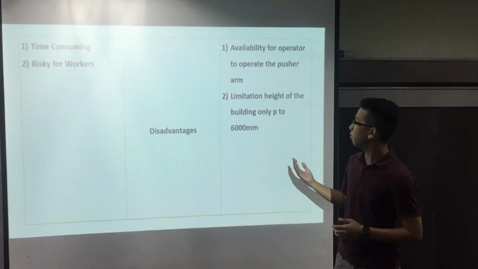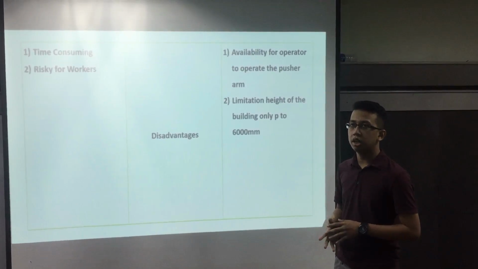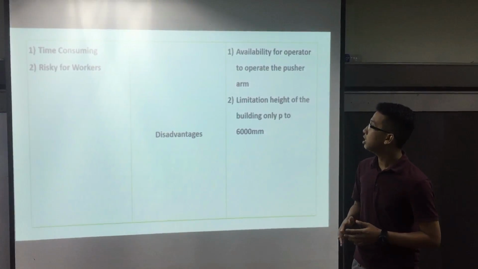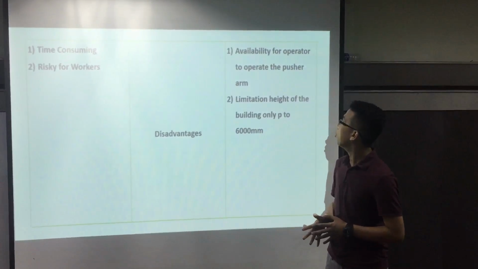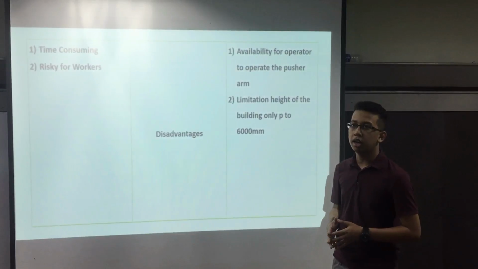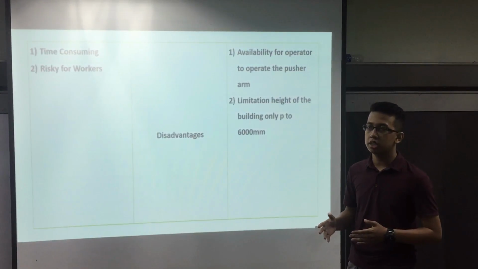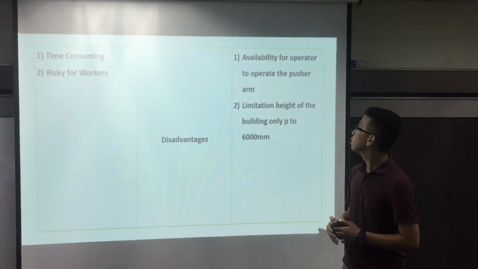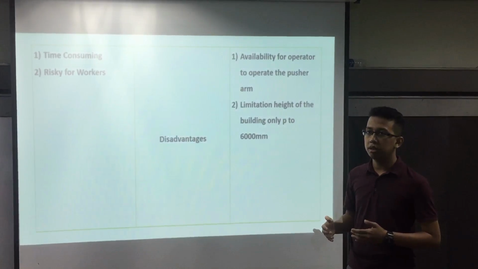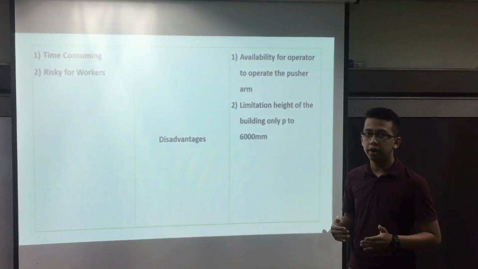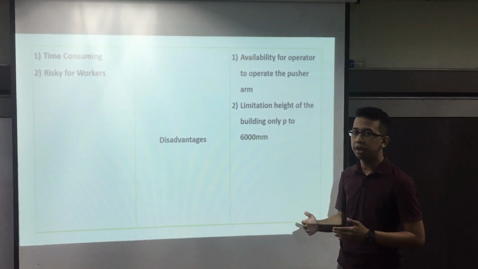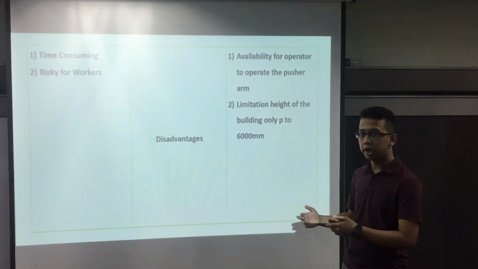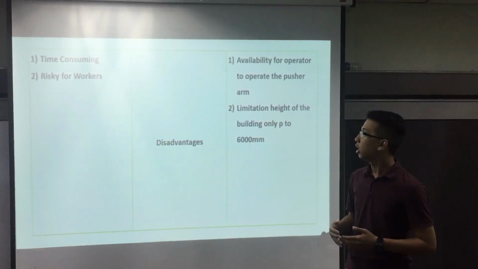Next, for the Ajinomoto factory using push-arm demolition, the disadvantage is the ability of the operator to operate the push-arm. Since this type of work needs a skillful worker, the contractor may find it hard to find someone capable of operating the machine very well.